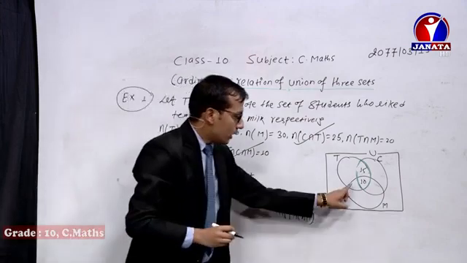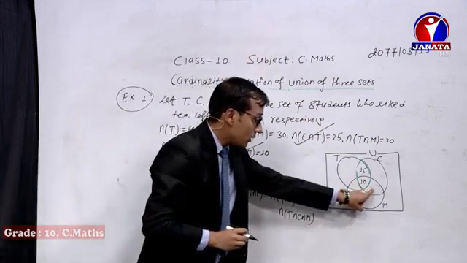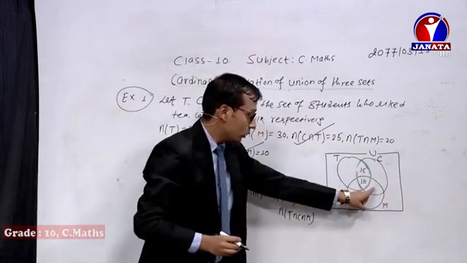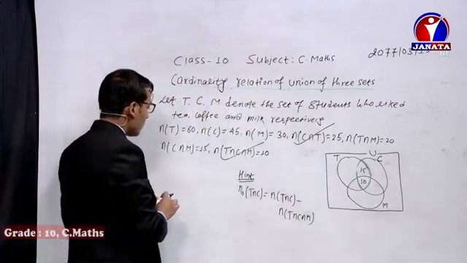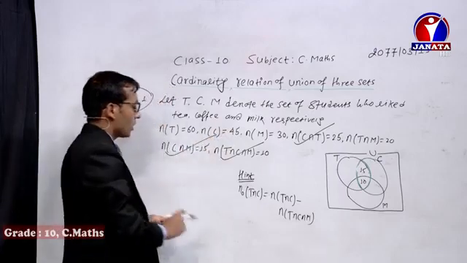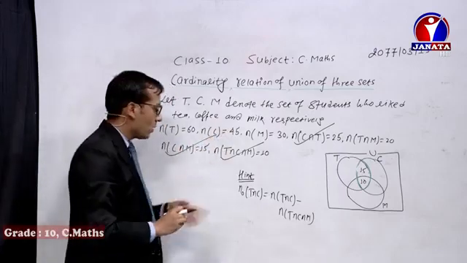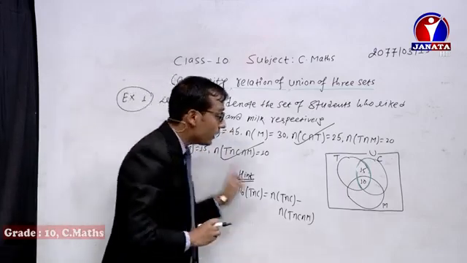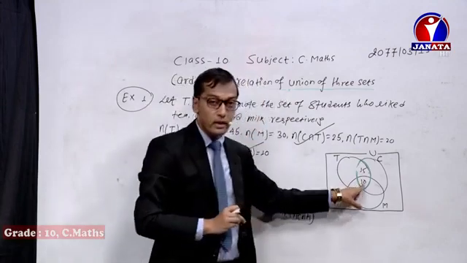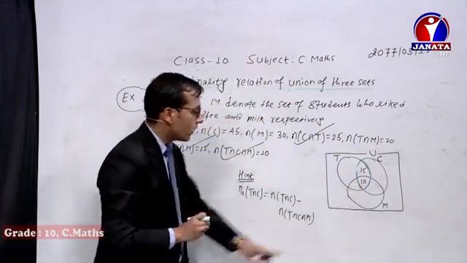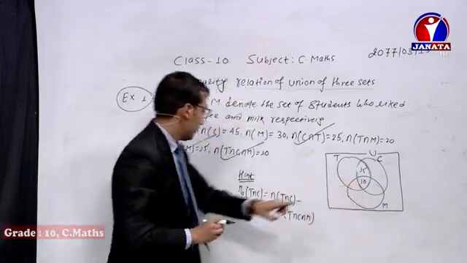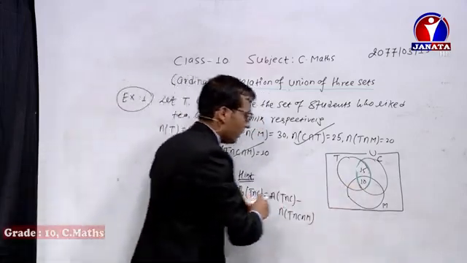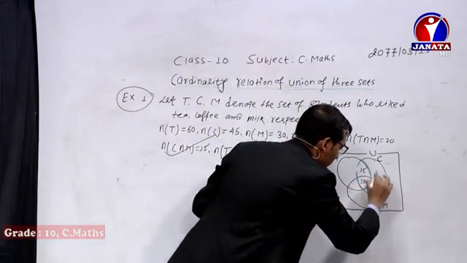Similarly, now let's fill up this one, the intersection of C and M only. What is C ∩ M? C ∩ M is 15. Out of 15, 10 is already inserted in the common region of the three subsets. So for this region, we subtract 10 from 15 and we get 5.